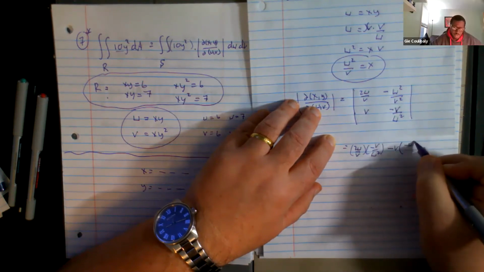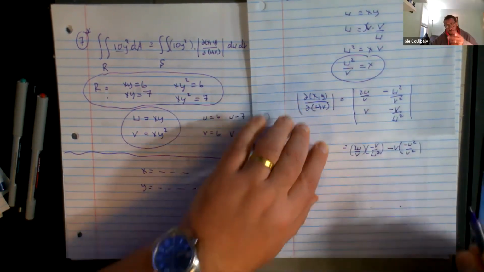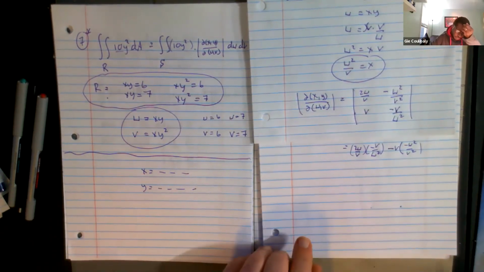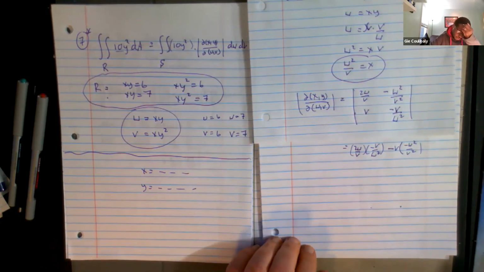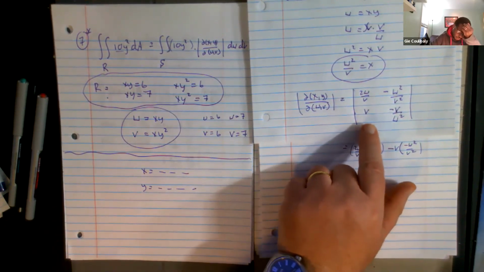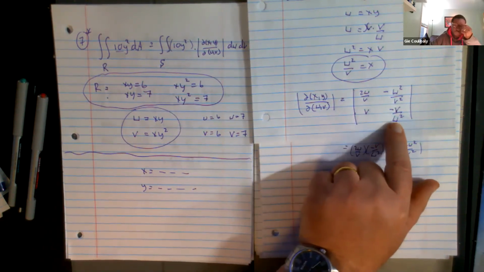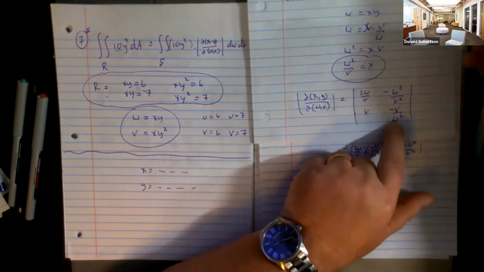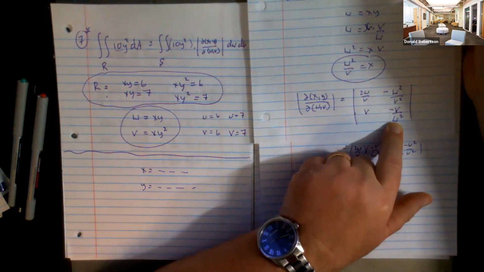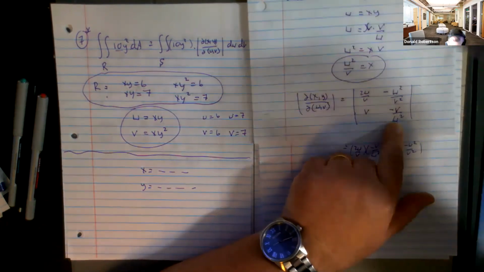Professor, yes. For the y, shouldn't that be flipped? For the y, the dy over du, shouldn't that be minus v over u squared? Oh, you mean this one here? Yeah, shouldn't it be flipped? Let's check it.